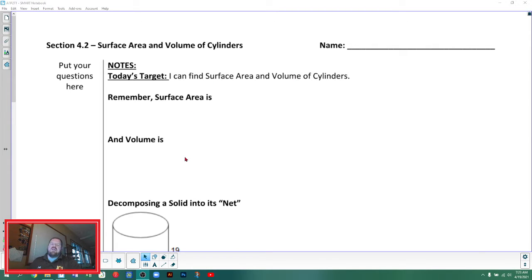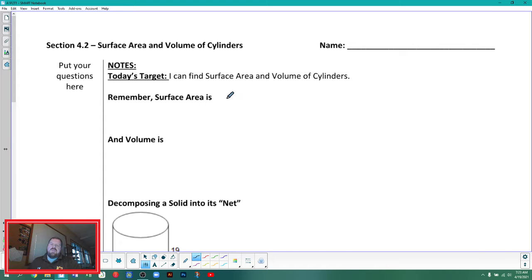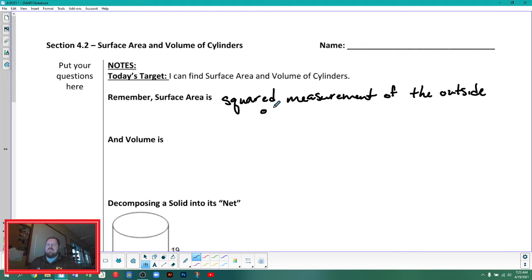Because remember, surface area is going to be a squared measurement of the outside of a figure, while volume will be a cubed measurement of the space inside a figure.